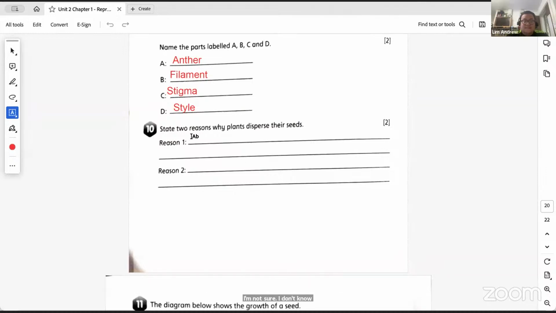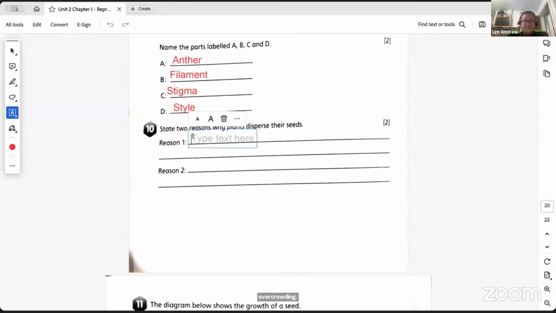Okay, just now when we discussed, if the plants don't disperse their seeds, all the baby plants will be crowded around the mother plant, and it will become overcrowding and lead to competition.